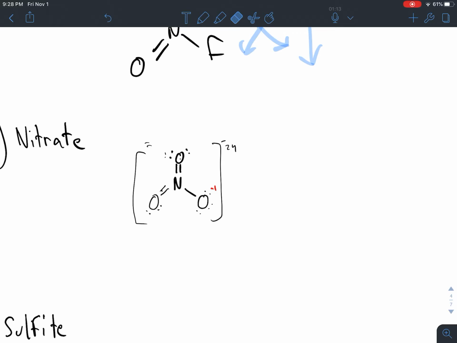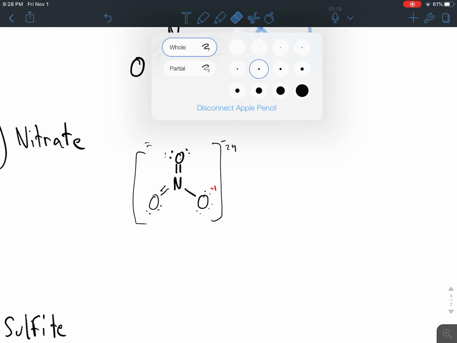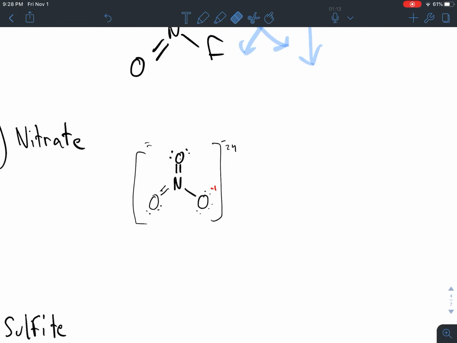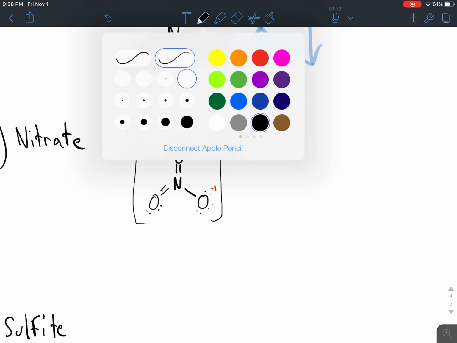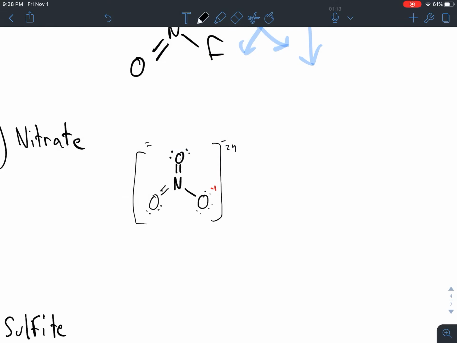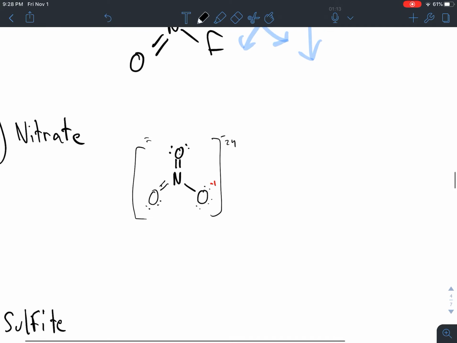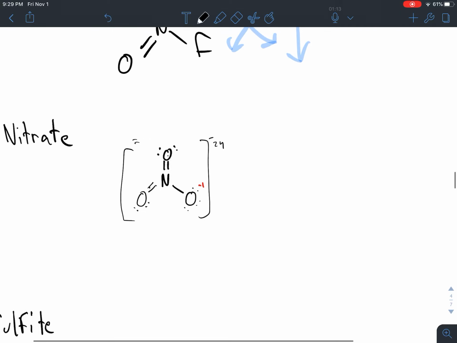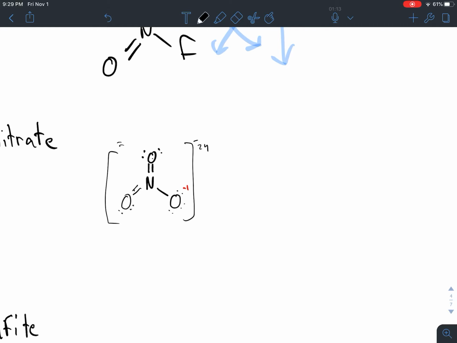And I guess I'm inferring this because of what I know about formal charges. And now there is just a -1 charge on that oxygen, and everything else is 0. So I think that's the better drawing, I take that back.